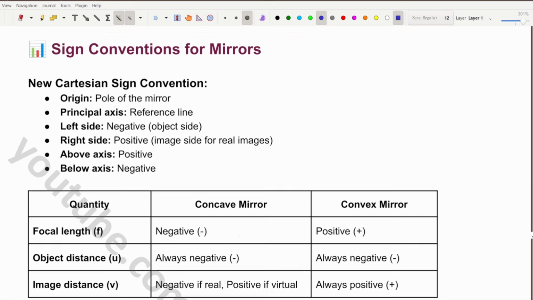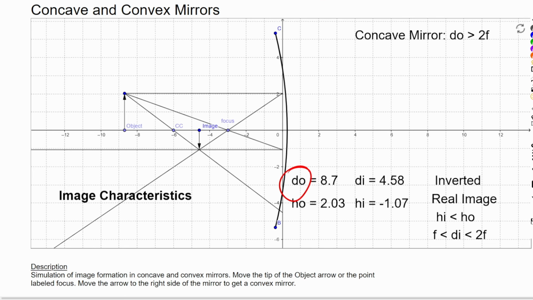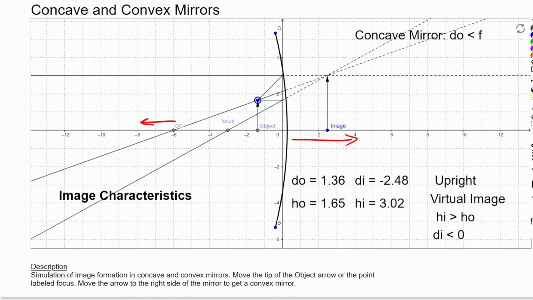Now the sign convention. See here, the distance of the object, say 8.7, its sign will be minus 8.7. This direction is negative, minus, and from here this direction is plus. Let's make a virtual image, and then you'll see the distance in the plus direction. This distance is plus, say plus 2.2, from here to here, and the height is also plus.